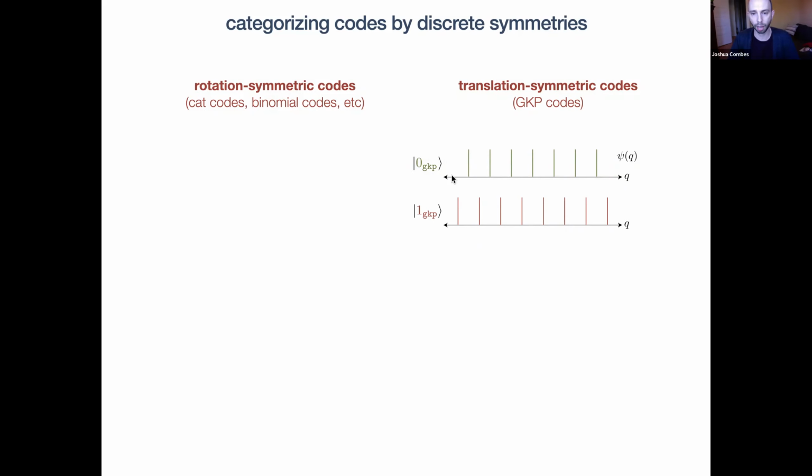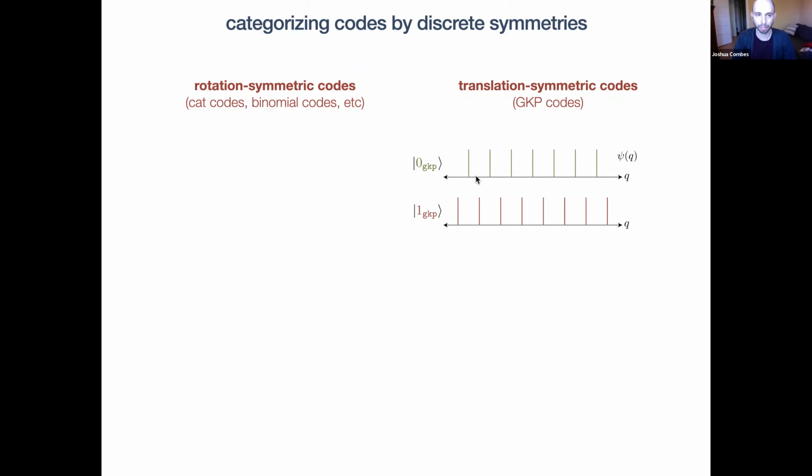And this superposition, like this Dirac comb, goes from -infinity to +infinity. And then we call this the 0 state. And then the 1 state is simply you take the 0 state and translate it by half of this lattice spacing. And then these two states are orthogonal.